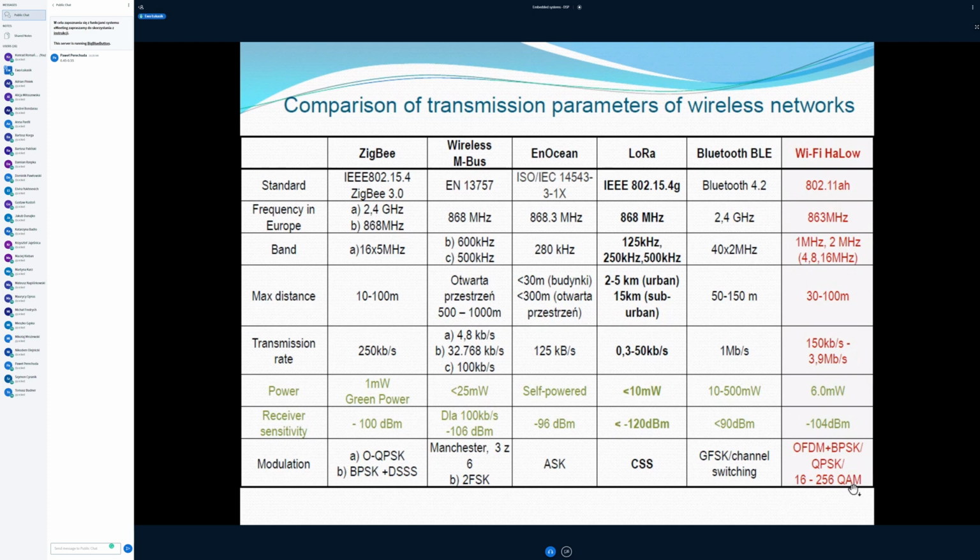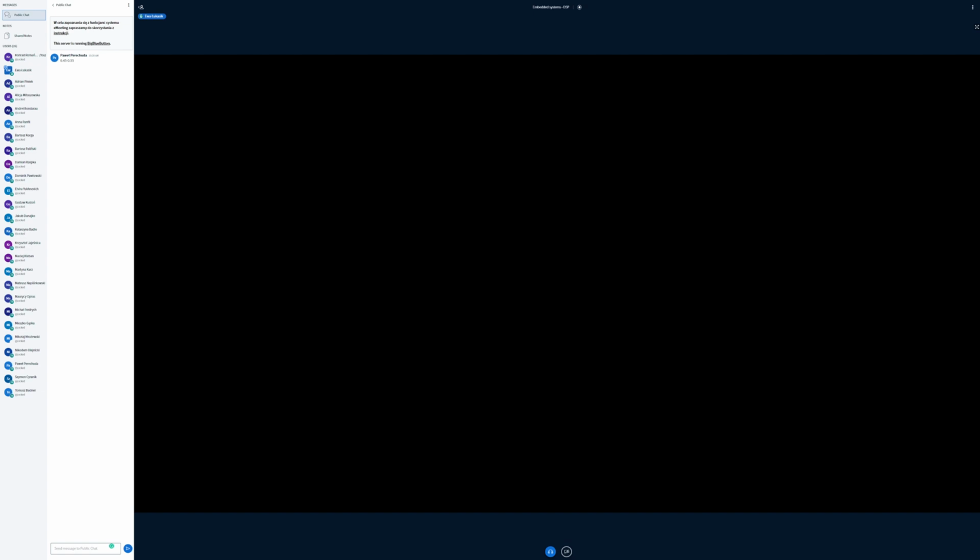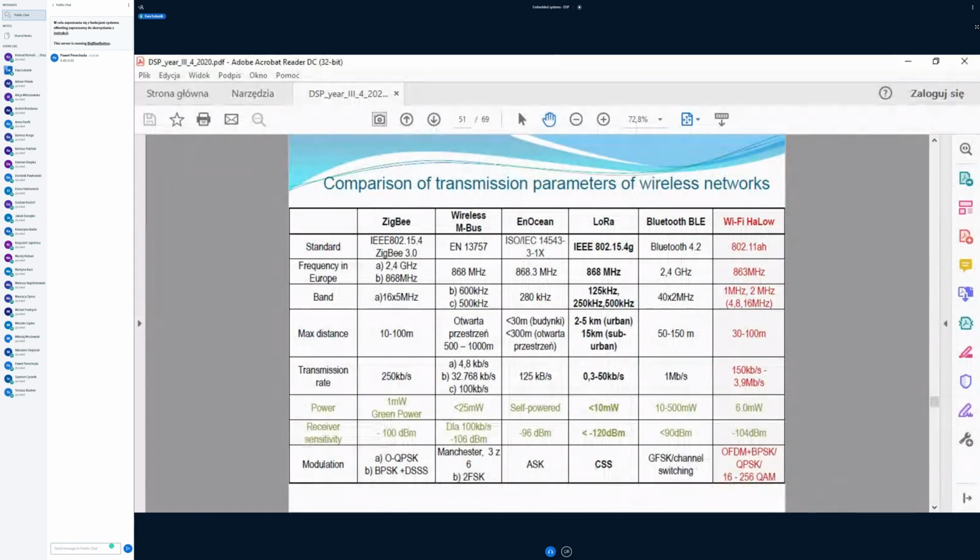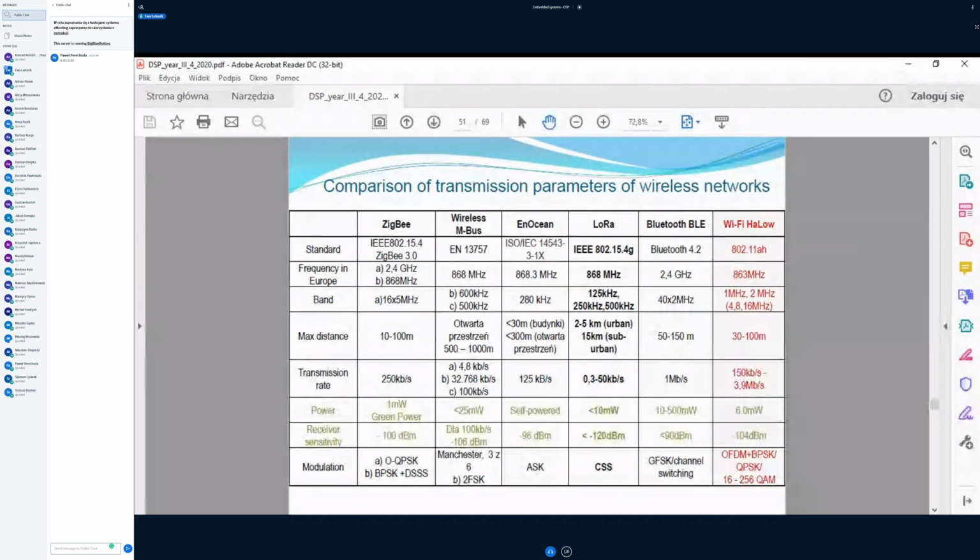And QAM is quadrature amplitude modulation. It means that this is again amplitude and phase modulation that has 16 up to 256 different values. If I had to present all the methods that are used, it would be the whole course.